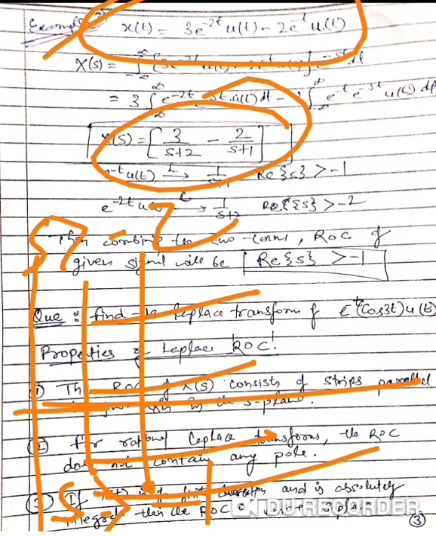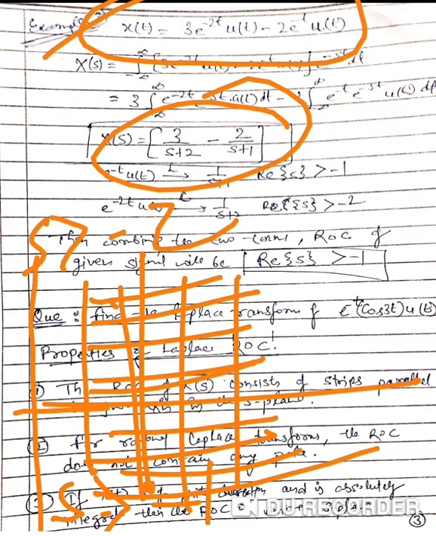So the intersection will be this part only, that is the real part of s greater than minus 1. So the ROC will be the intersection of the two signals. Got it?